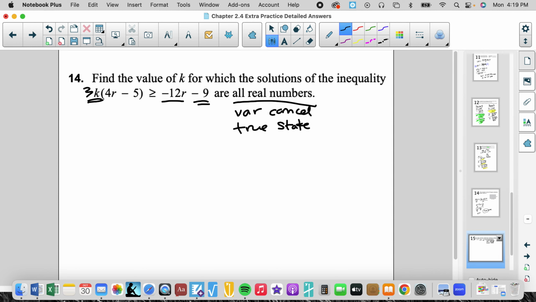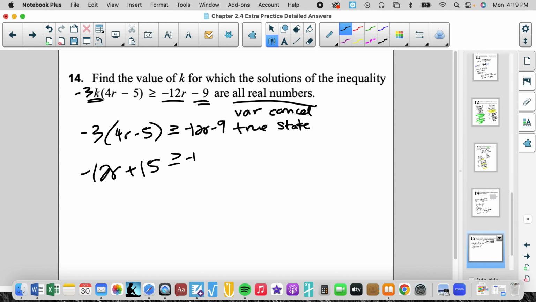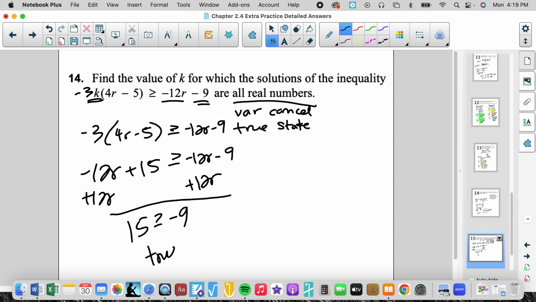Negative 3 would make this negative 3 times 4r minus 5. So that would be negative 12r plus 15. So we see that the variables cancel, and we're left with 15 is greater than or equal to negative 9, which is a true value.